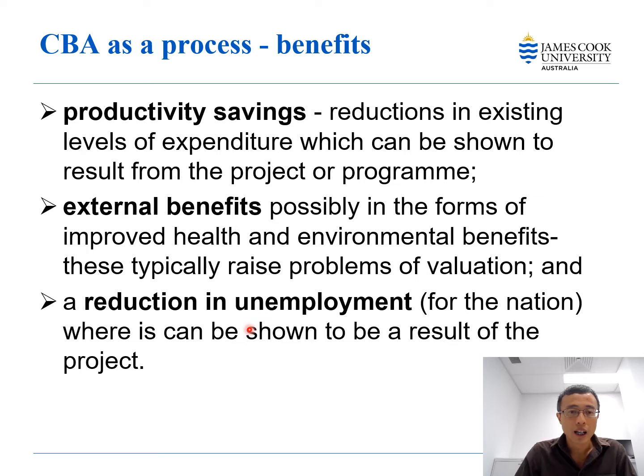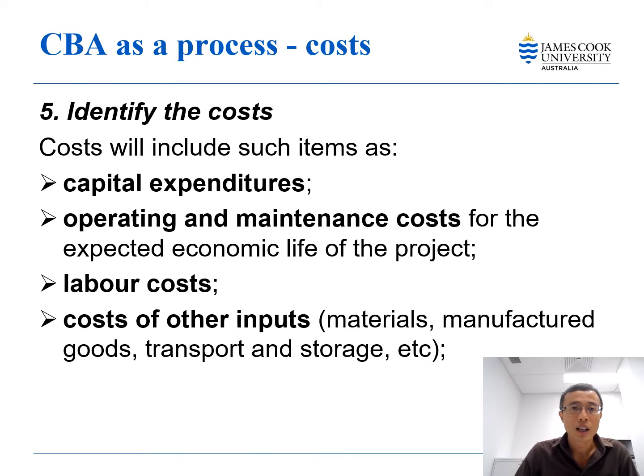Benefits can include a reduction in unemployment for a nation, and you have to make sure that such a reduction in unemployment can be shown to be due to the project. Then we get to step five, identify the costs, the items of costs. Costs can include capital expenditures.